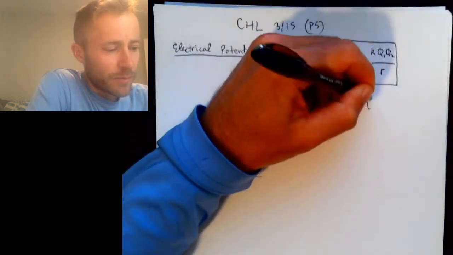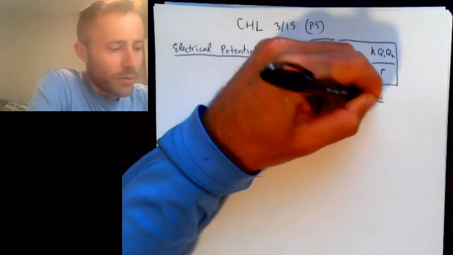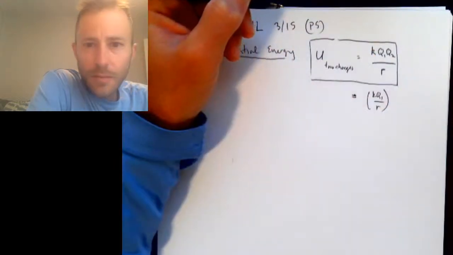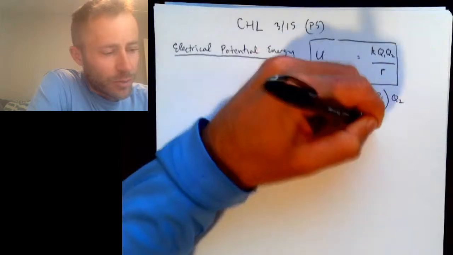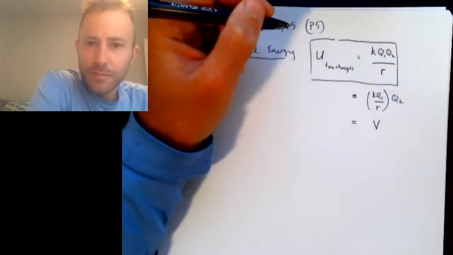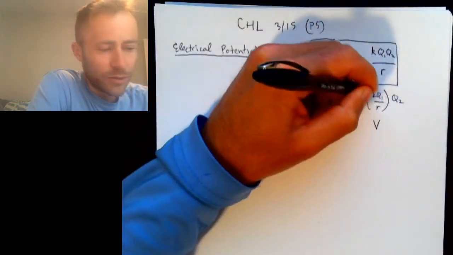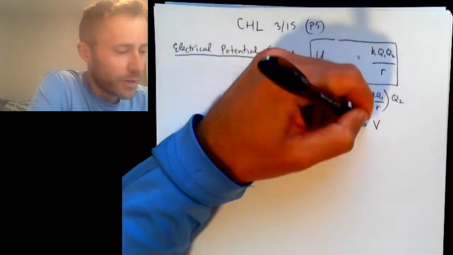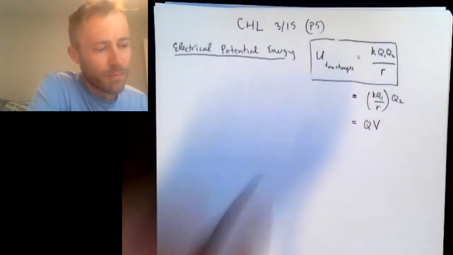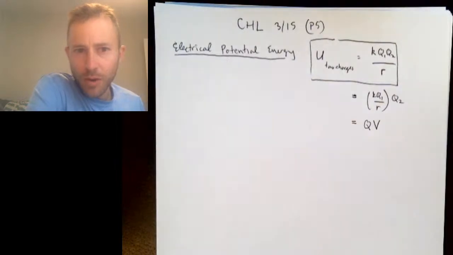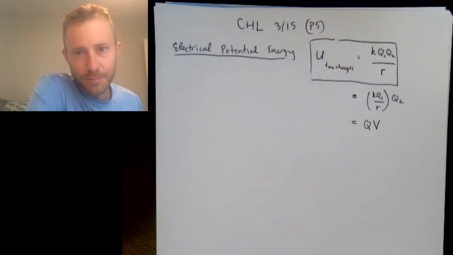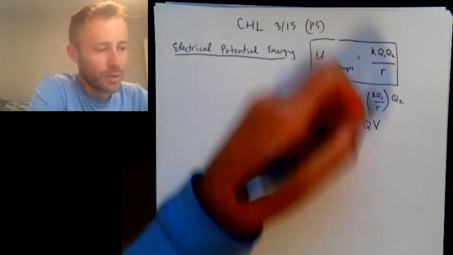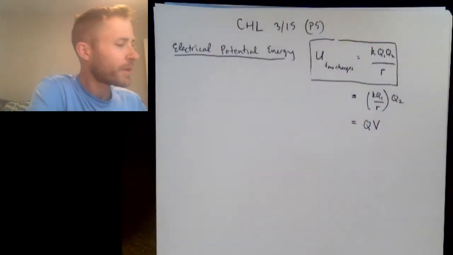So we have kQ1 over R times Q2. So this is the potential of a single charge times the amount of charge. Okay, so this follows the definition of electric potential as well. Okay, so that's the reason why this equation is true.